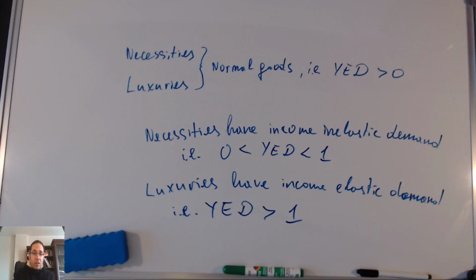What this means is that if our income is rising, the demand for the goods that we consider necessities will be rising at a lower rate than our increase in income. On the other hand, as our income rises, the demand for the goods that we consider luxuries will be rising at a faster rate than the increase in our income.